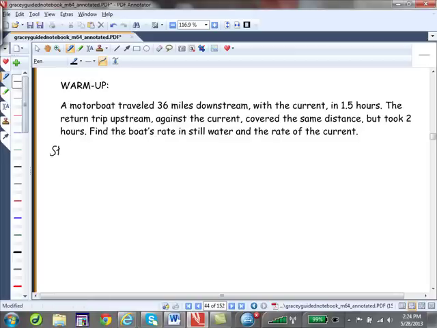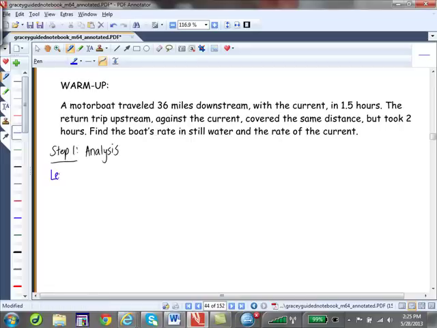So the first step to really almost any application problem is figure out what is going on. So we might as well call that analysis. For this one, we're talking about a motorboat. It's giving us some information here, and we need to find the boat's rate in still water and the rate of the current. So we've got two unknowns here.